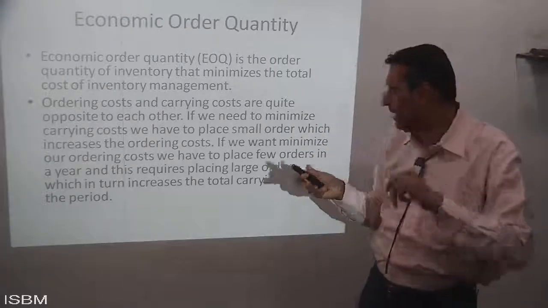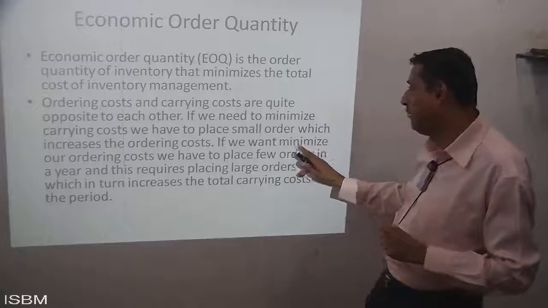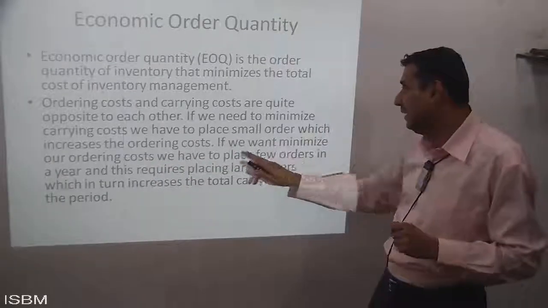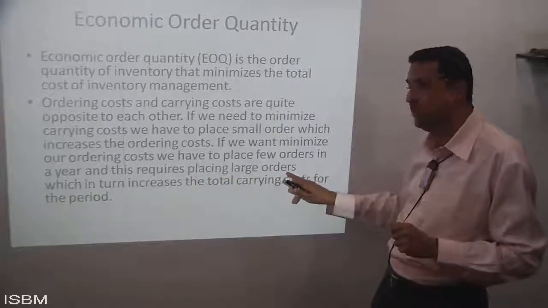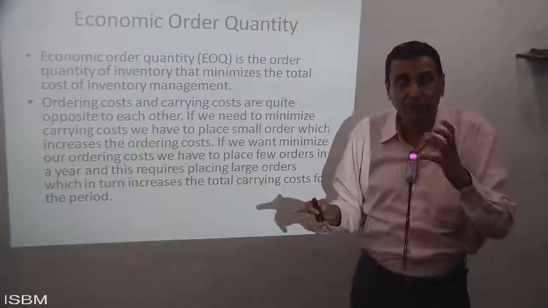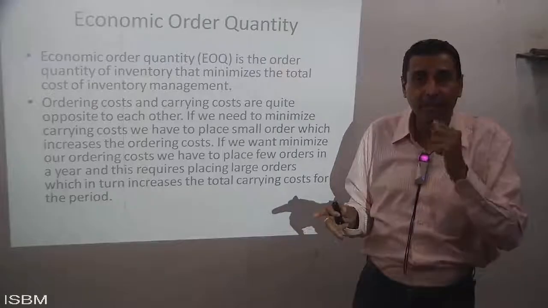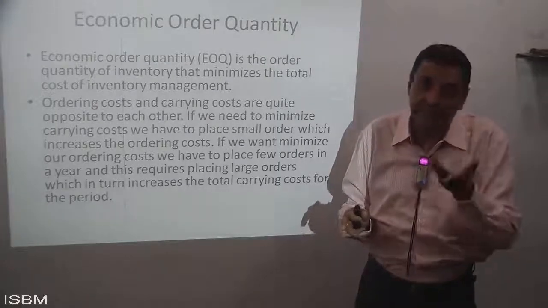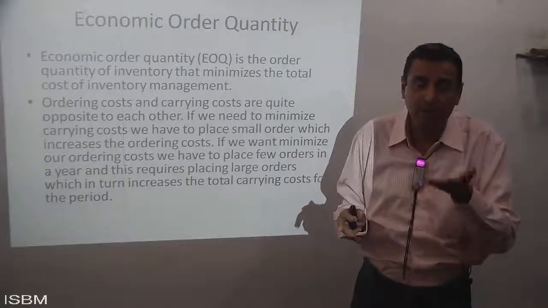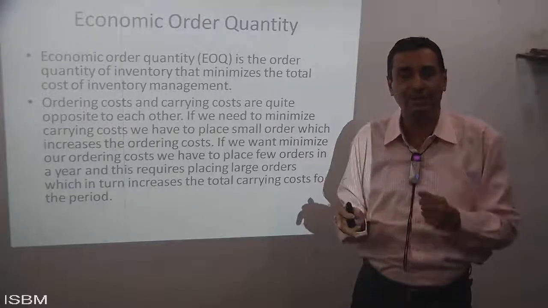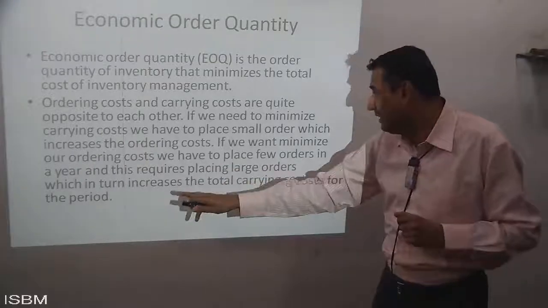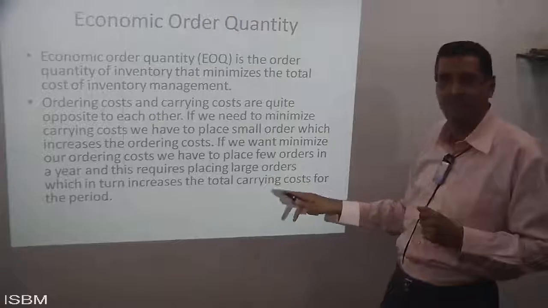But if you see the reverse case, if we want to minimize the ordering cost, we have to place few orders in a year, and this requires placing large orders. If you want to keep the ordering cost at a low level, then what will happen? You have to increase your carrying cost. That is another problem. It requires placing large orders, which in turn increases the total carrying cost for the period.